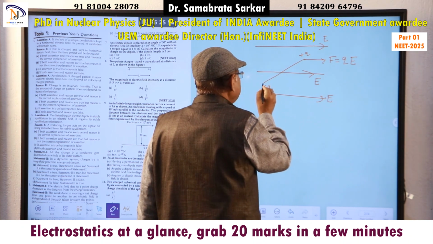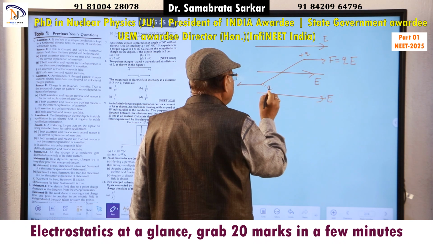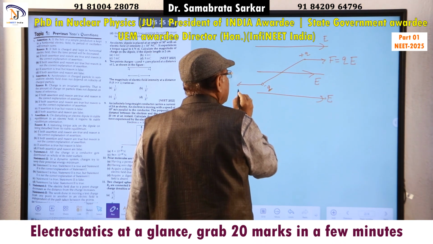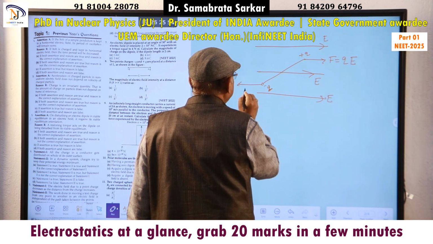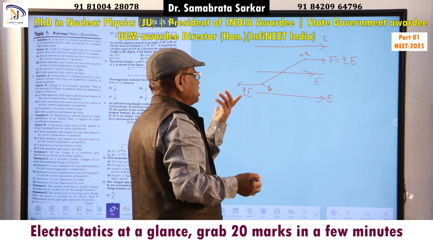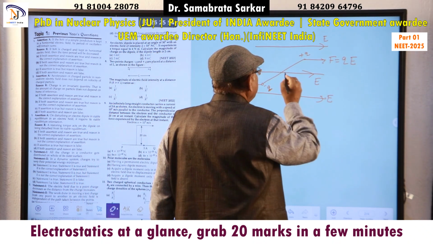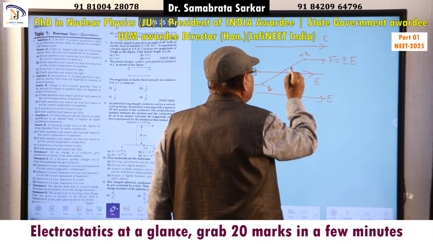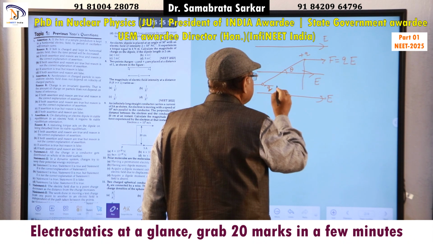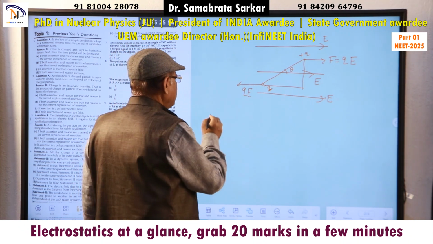And the force in this direction is negative, so this is Q into E in opposite direction, that is negative. And if this angle is theta, what can you write? What is a moment? What is torque?